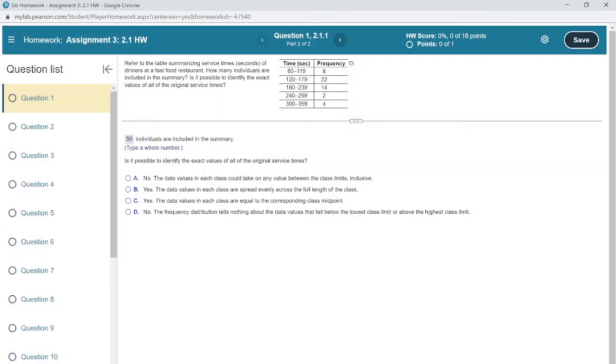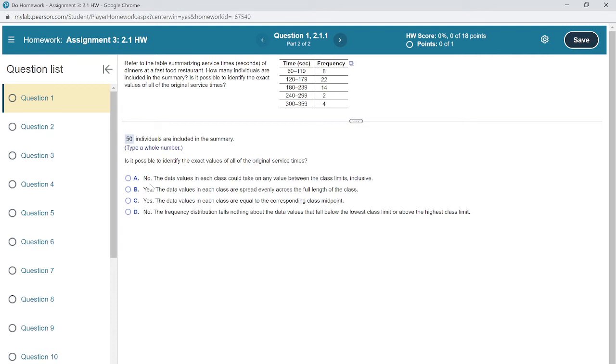Let's go here to the next question. Is it possible to identify the exact value of all of the original service times? So the service times in between 60 and 119 seconds, there are 8 data, but we don't know exactly out of those 8 data how many of them took 60 seconds or how many of them took 70 seconds. We don't know about that information.